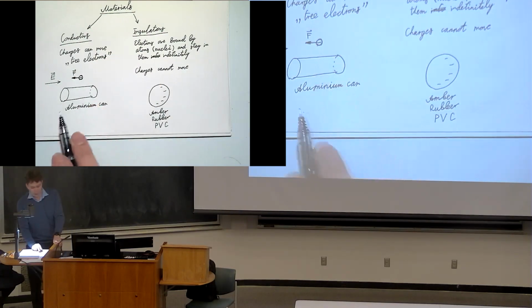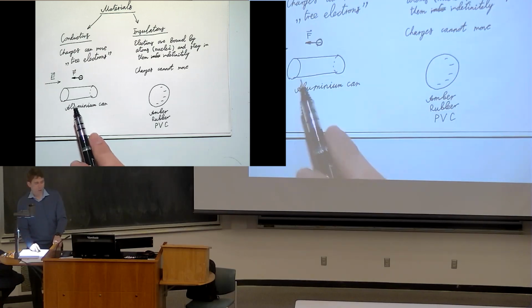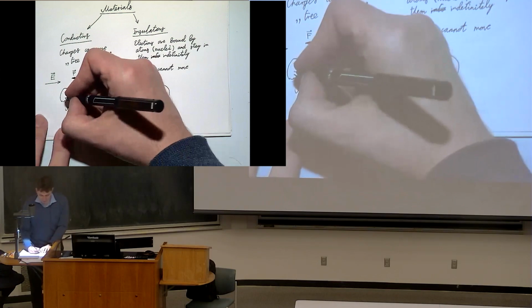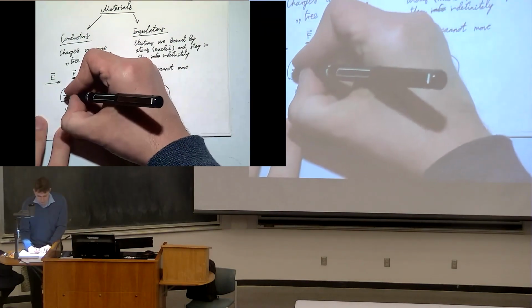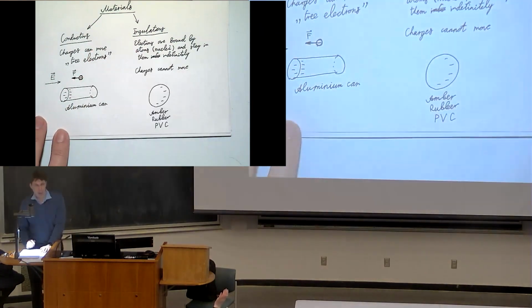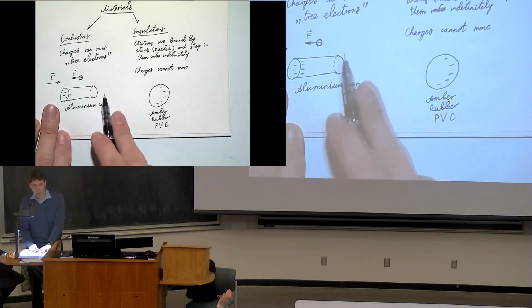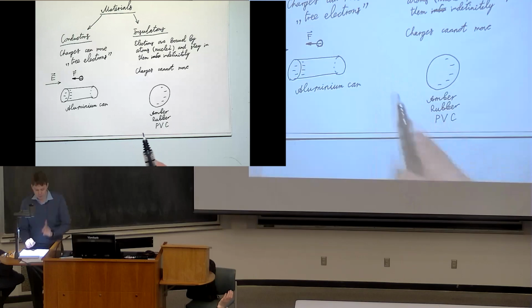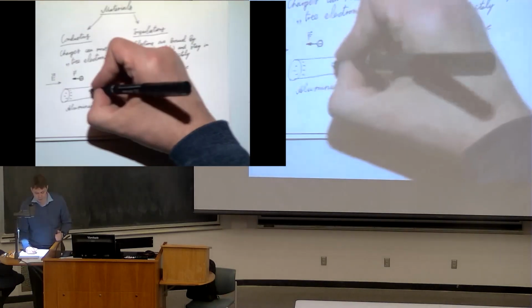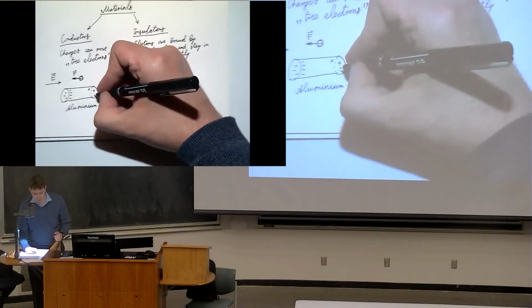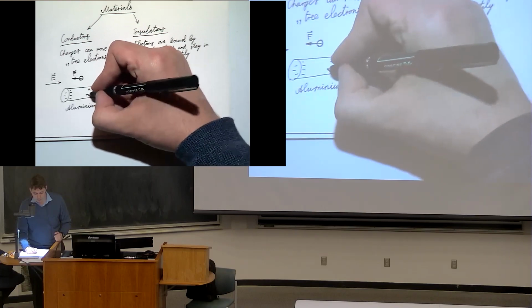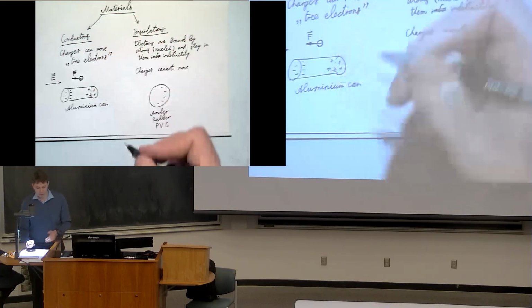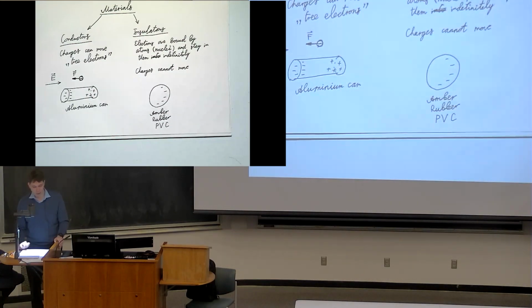So the electrons in the can want to go to the left, and they will accumulate there. There will be a surplus of electrons here, and behind they will leave positively charged nuclei, atoms that will lack one electron.